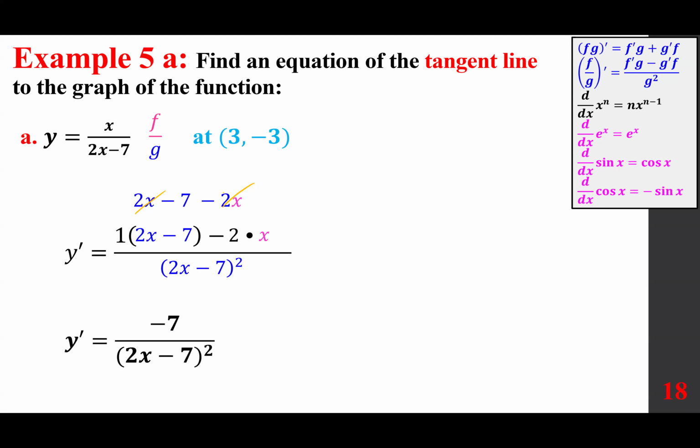Which means y prime is negative 7 over 2x minus 7 squared. This is not the slope. This is the derivative function.